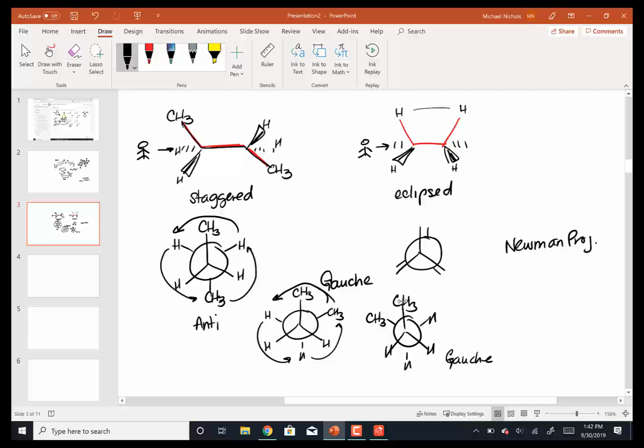Those two have exactly the same energy, which is more unstable than the anti. So the anti is more stable than the gauche, but those two gauche conformations have exactly the same energy. So that's what gauche means. Gauche means you have two non-hydrogen groups next to each other in the staggered conformation.